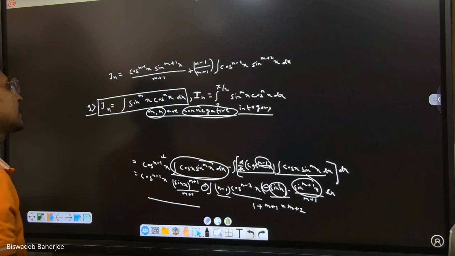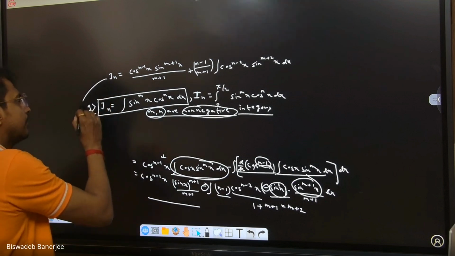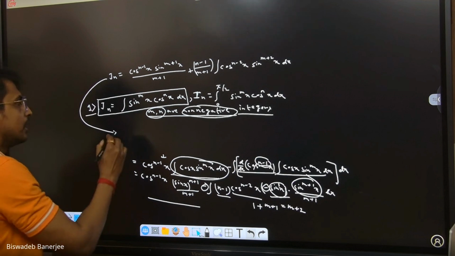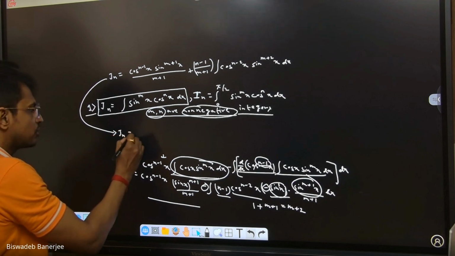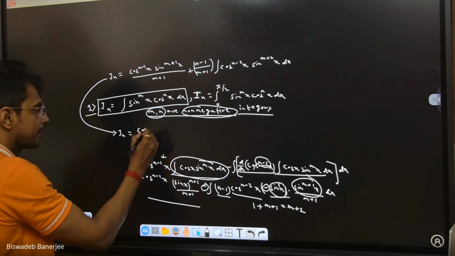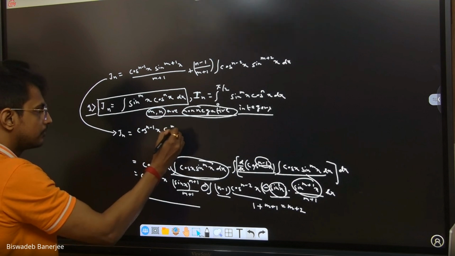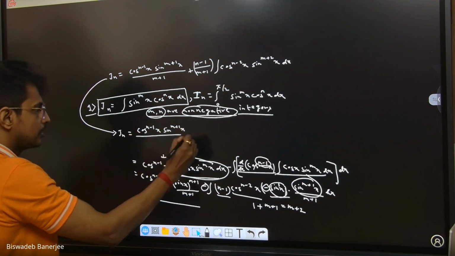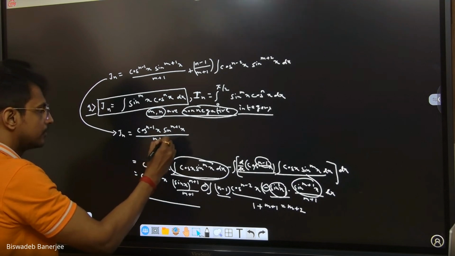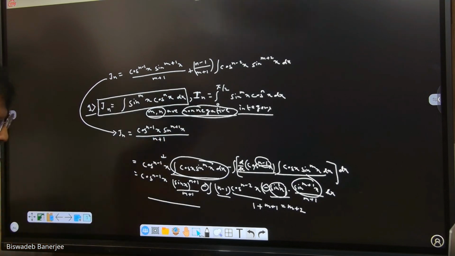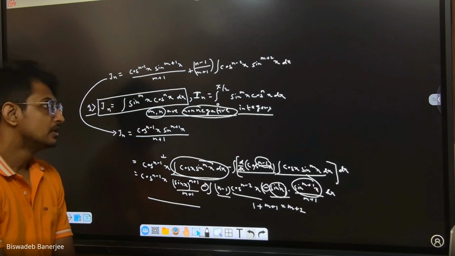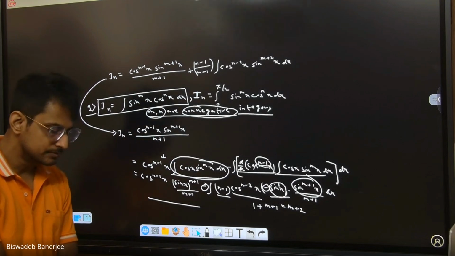Now, how can we calculate this? Now I'm writing here. We can say that the first portion remains as it is. Now, how to simplify the second portion?